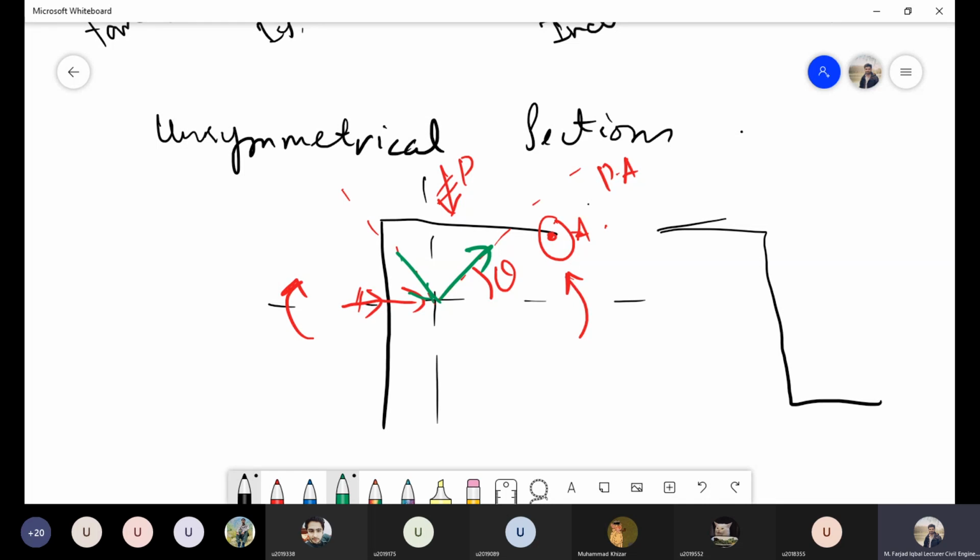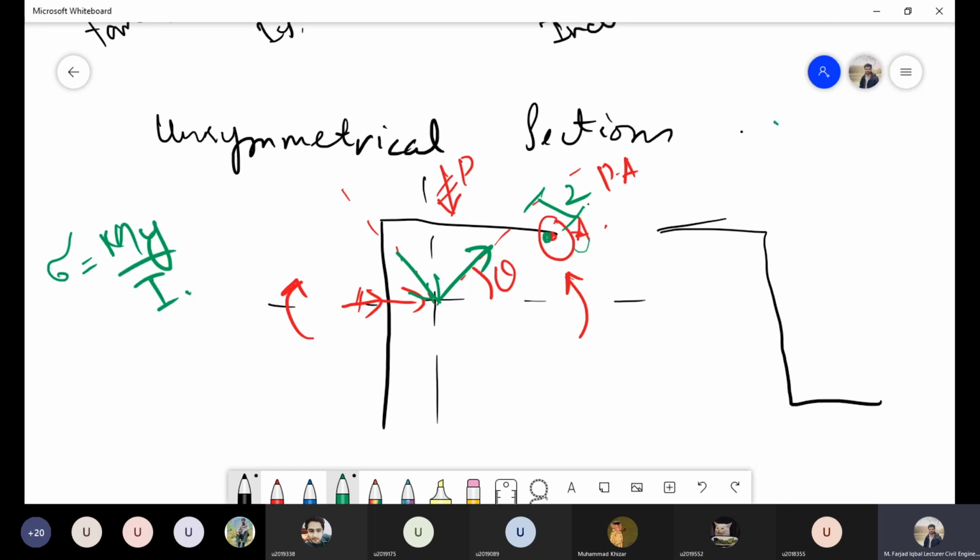Once you have transformed the moment onto this inclined principal axis, the next step is the same. If I have to take the stress at this point A, I will take the distance to point A with respect to my principal axis, because it is obviously the perpendicular distance. For example, this is my equation: sigma is equal to My over I.